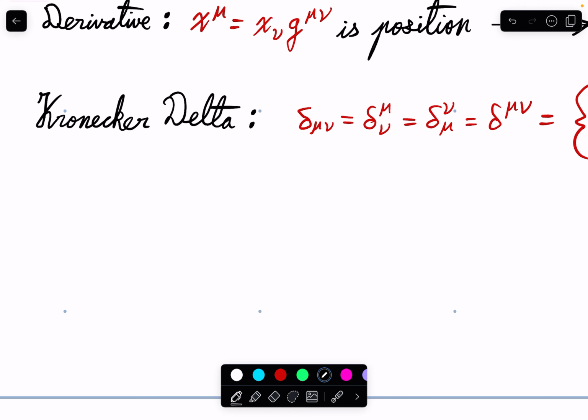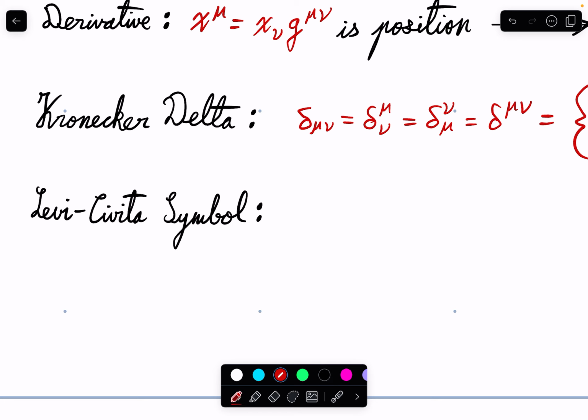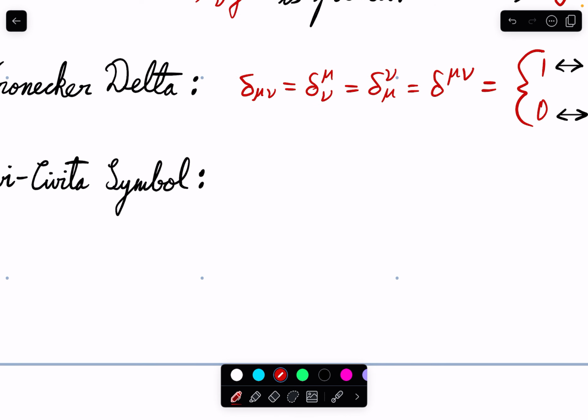Now, there's also the Levi-Civita symbol, and that is epsilon JKL, which is whatever matrix satisfies these following properties.